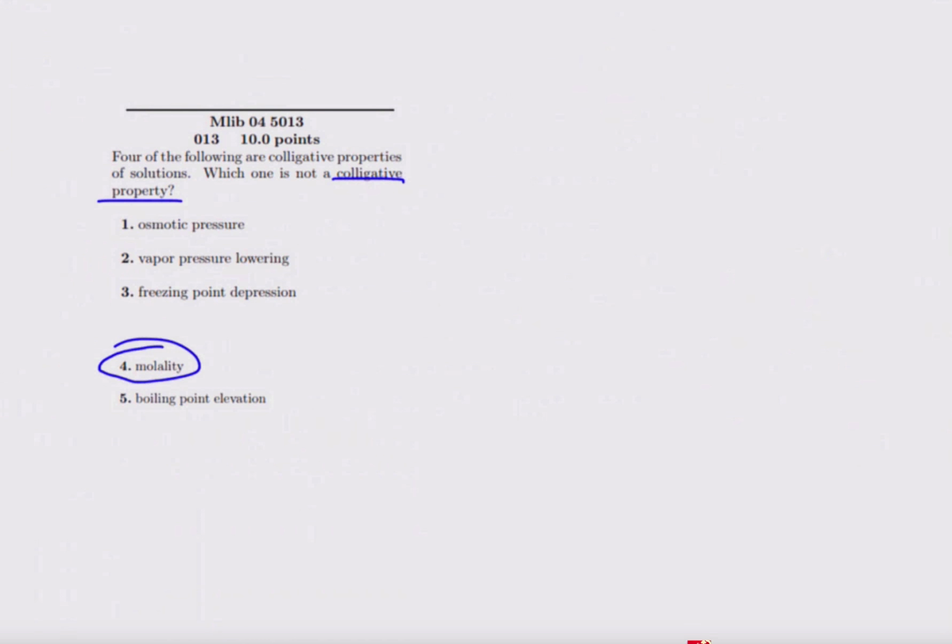Right? The molality is affected by the moles and the kilograms, which is not the same as saying the particles, because all the other things, osmotic pressure, vapor pressure lowering, freezing point depression, etc., boiling point elevation, those are dependent on the number of particles, not the nature of the particles. Molality can be affected by the nature of the particles because we're talking about molar mass, etc.